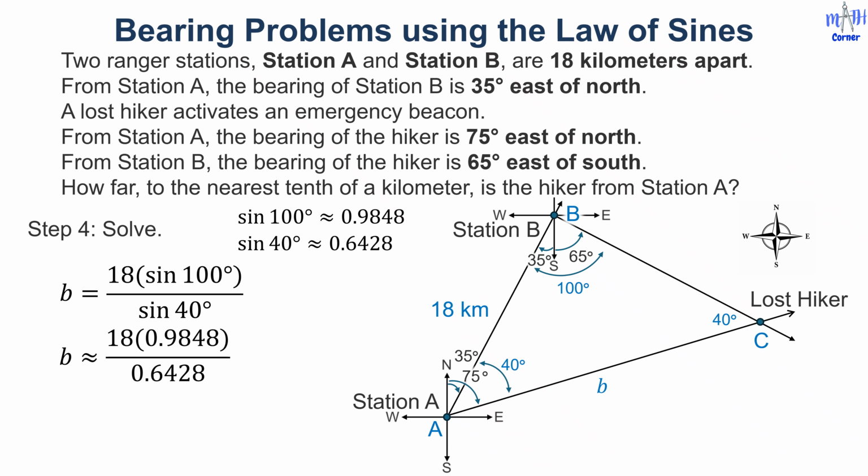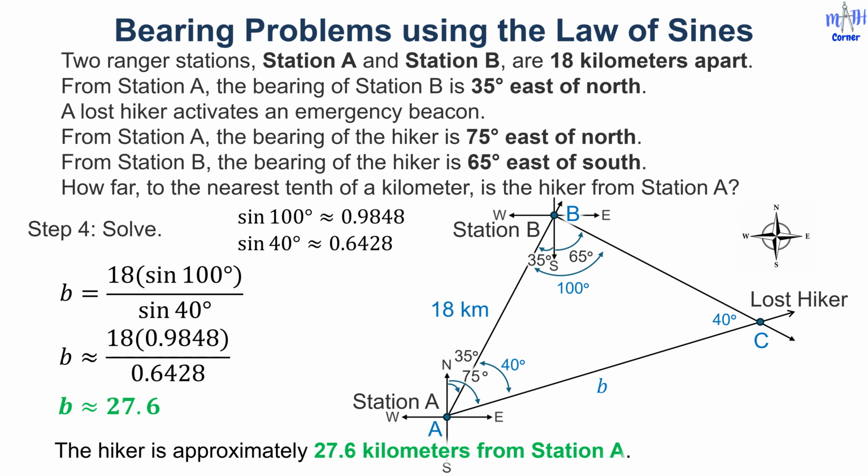Let's substitute the sine values. B is approximately equal to 18 times 0.9848 over 0.6428. So B is approximately equal to 27.6. The hiker is approximately 27.6 kilometers from station A.